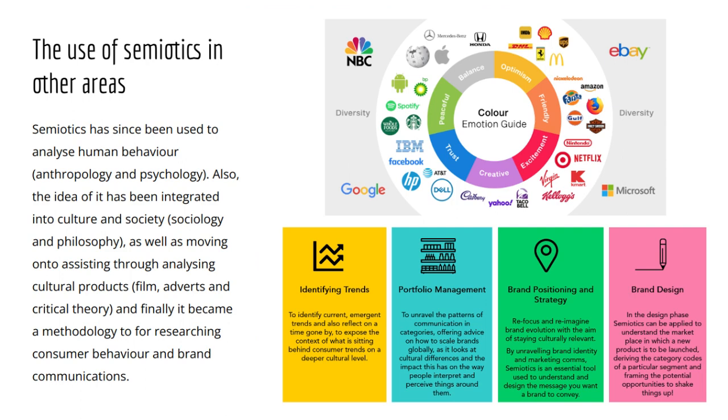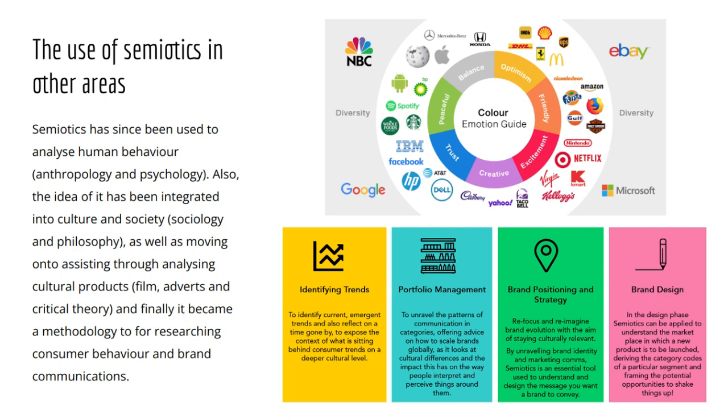And the idea of it being interpreted to our culture and society, as well as assisting in analysing cultural products like film, TV programs, adverts, critical theory, texts, they all are part of it. That's how things can be seen.